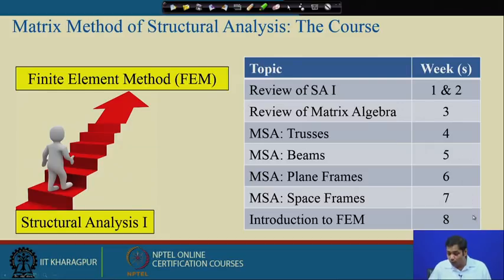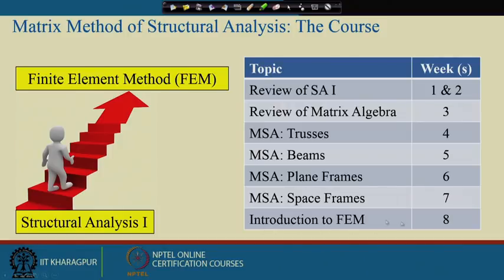Finally, when we know how to apply this method for different problems, one week will be spent to discuss how this concept can be taken further to formulate a more elegant, more general method, and in the 8th week we will have a brief introduction to finite element methods.